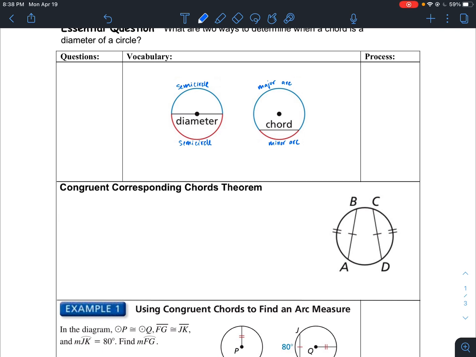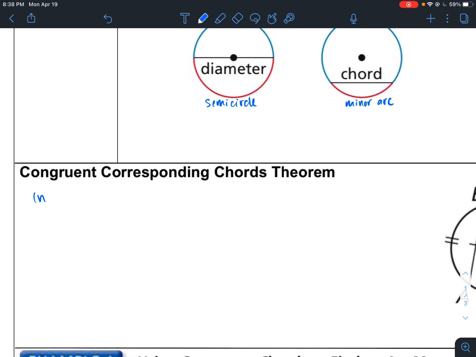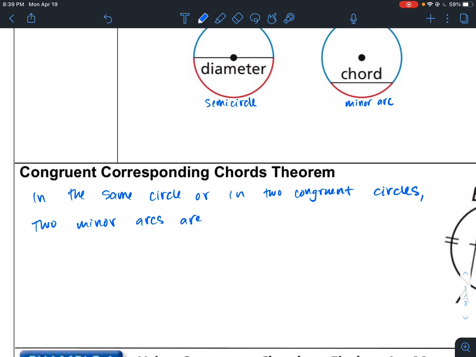So what this says is that in the same circle, or in two congruent circles, two minor arcs are congruent if and only if their corresponding chords are congruent.